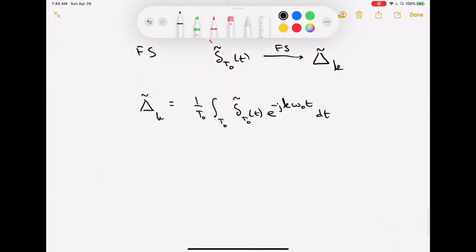So I know that this is going to be an integral of 1 over T naught. I was integrating from minus T naught over 2 to T naught over 2. I'm actually putting in definite limits of integration. And over that interval, delta tilde is just a single delta function. It's just delta t, not shifted, just delta at the origin. And I have my e to the minus jk omega naught t.